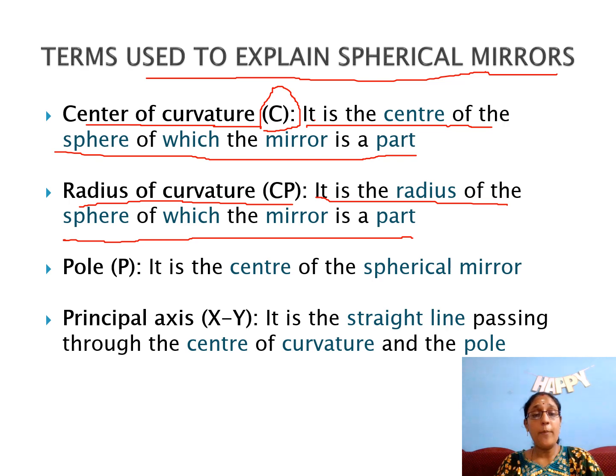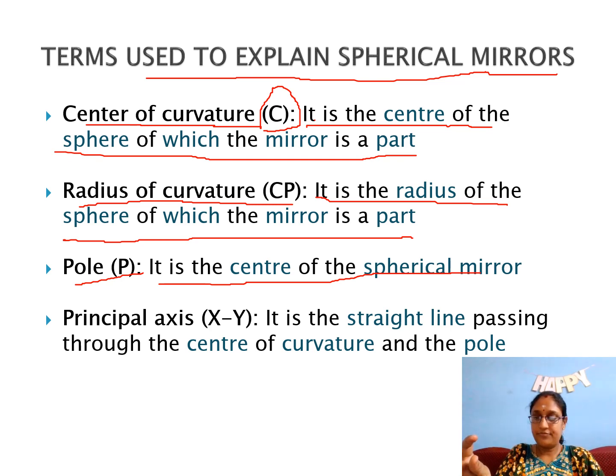Next thing is the pole. What is the pole? It is the center of a spherical mirror. The center of curvature is the center of the total sphere, while the pole is just the center of the mirror.